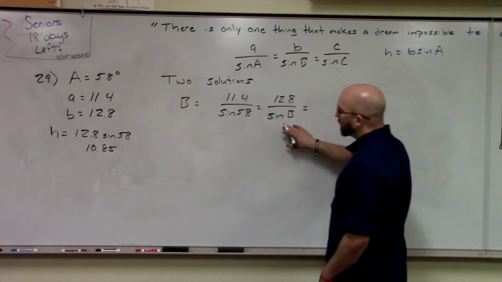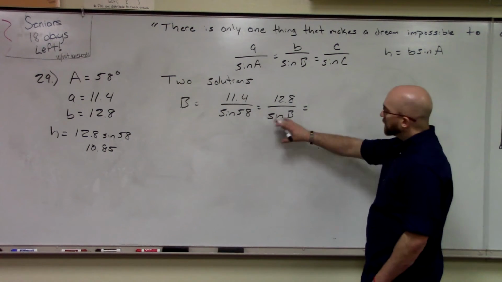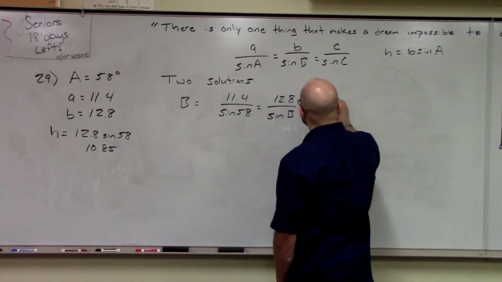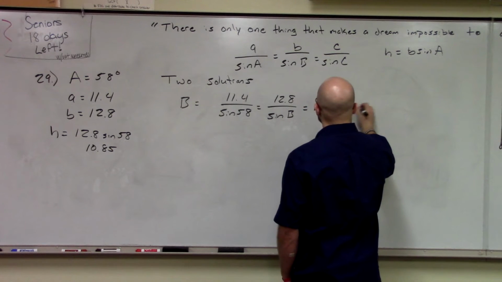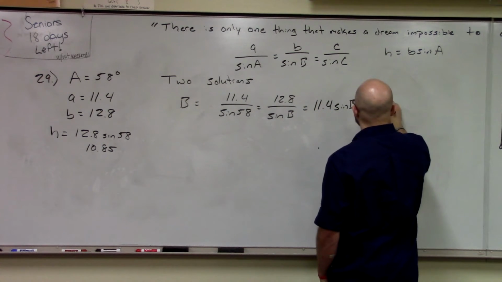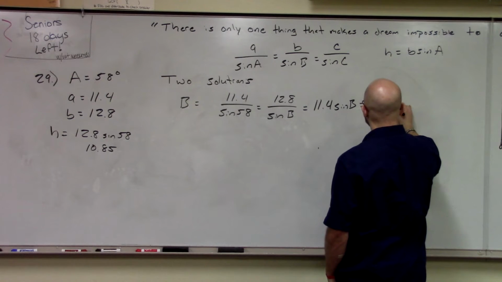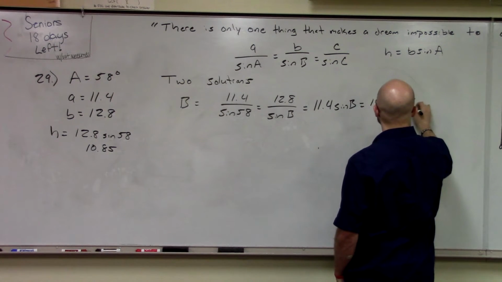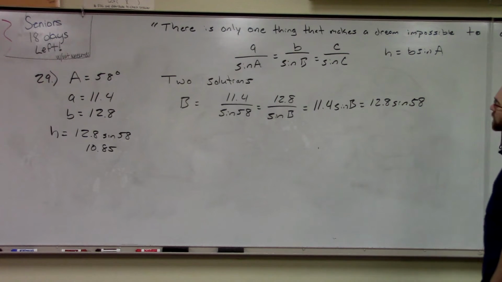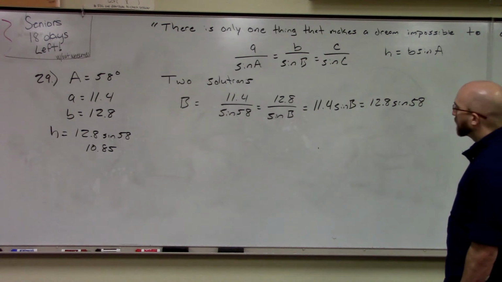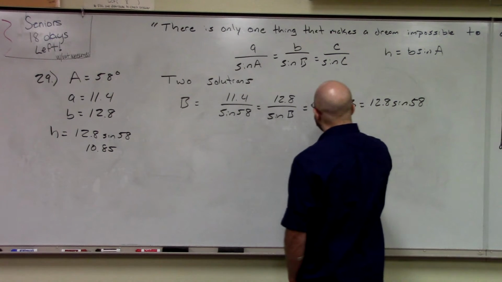I want to get sine of B by itself. So this time I am going to cross multiply, just so you guys can see an easier way to do it. And we get 11.4 sine B equals 12.8 sine of 58. I'm going to divide by 11.4.